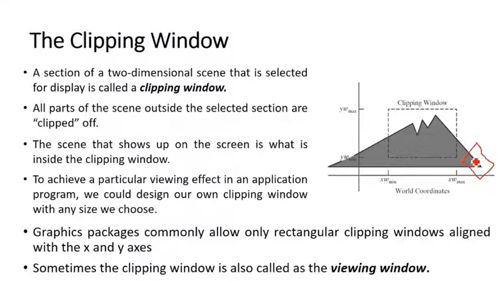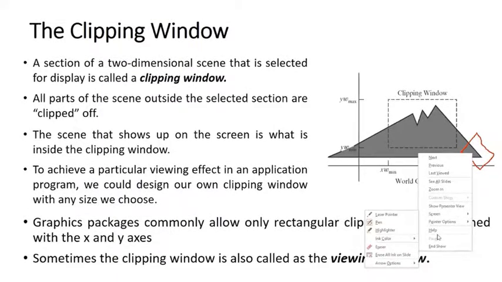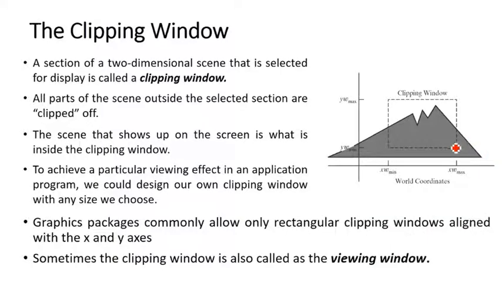But there is a complexity involved if graphics packages have to allow all kinds of shapes for the clipping window, so usually they support only rectangular clipping windows. This clipping window is sometimes also called the viewing window.